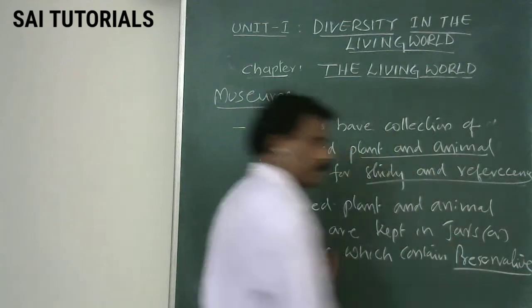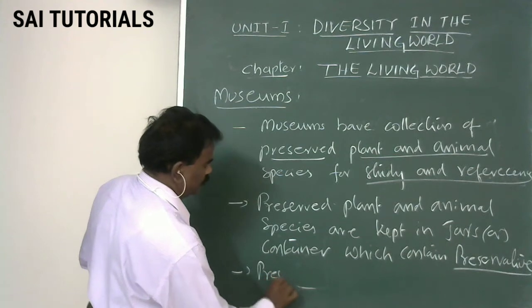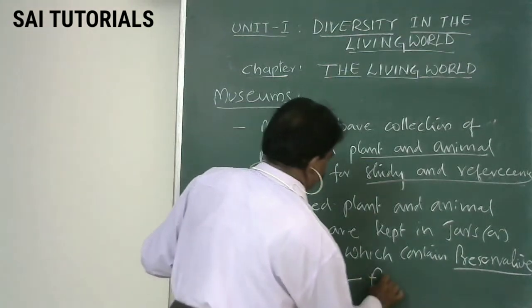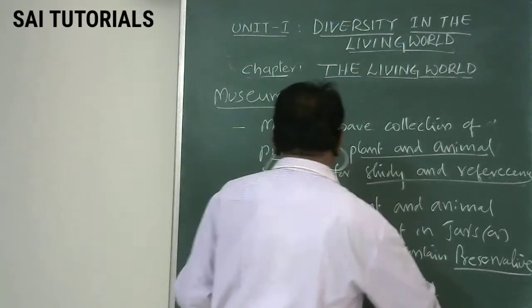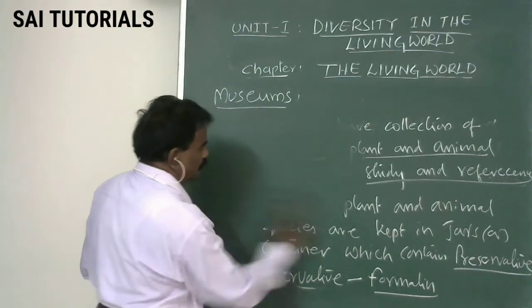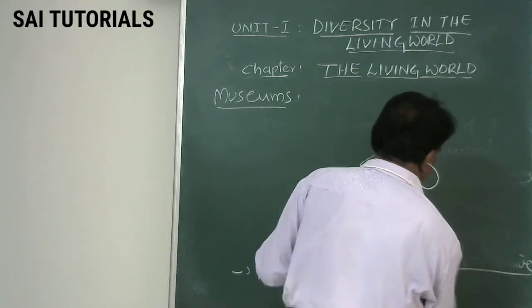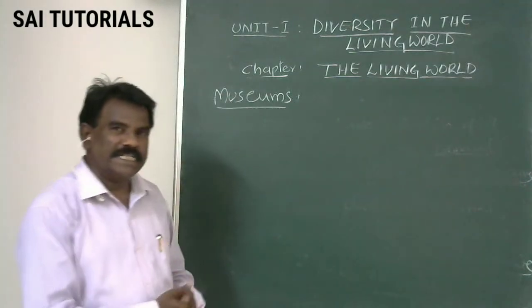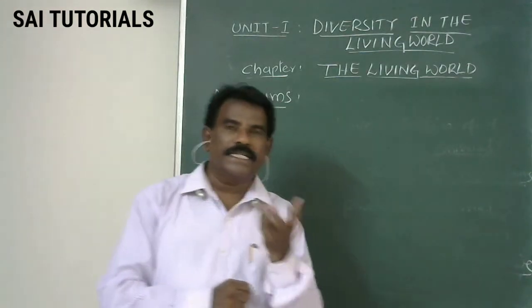Generally the preservative used is formalin. Important point. In museums, the plant and animal species are also collected in a dry form. Whereas insects, we can maintain in the insect box.